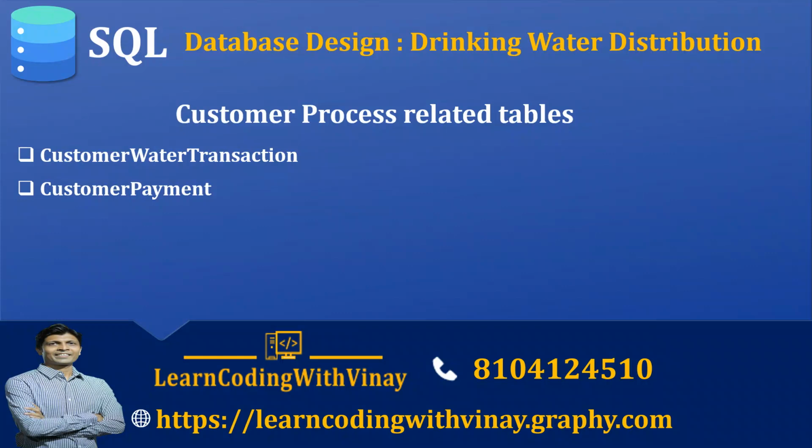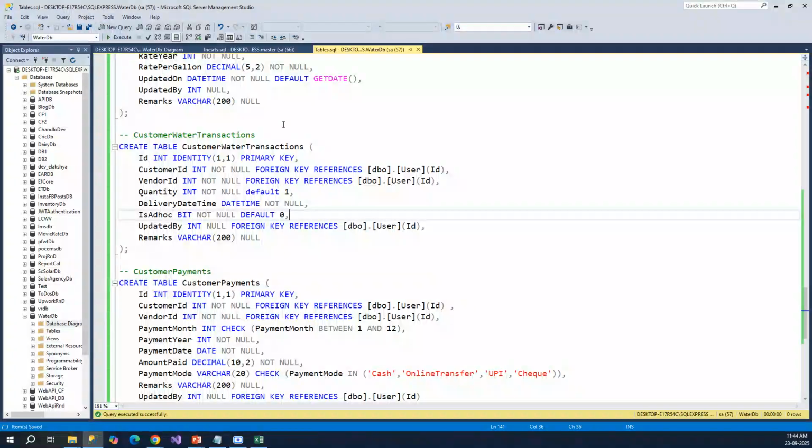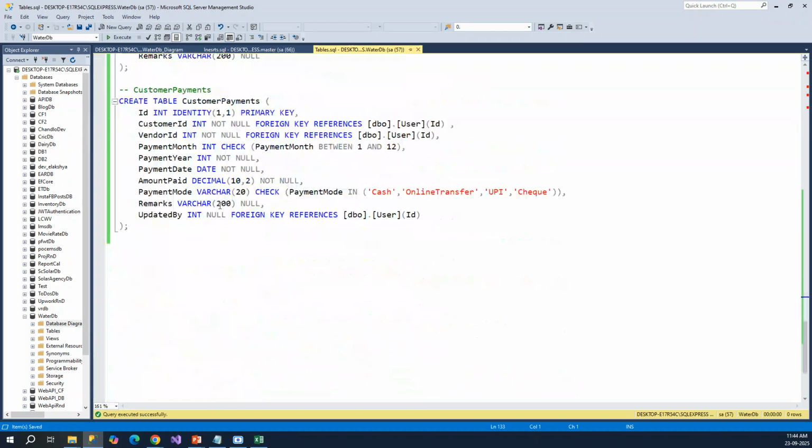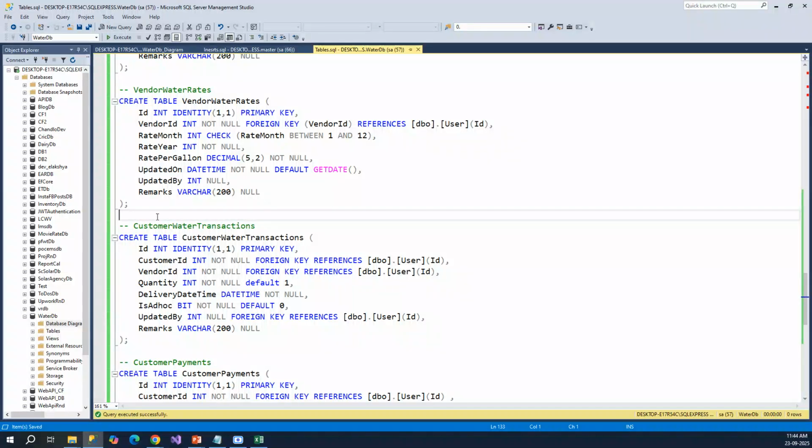So let's dive deep into these two tables, and let me bring up SSMS. Now we have the customer related tables, which are these two. Customer water transaction. What do we need to have? Obviously, first one will be ID, identity, primary key. Then the customer ID, which refers to our user table.